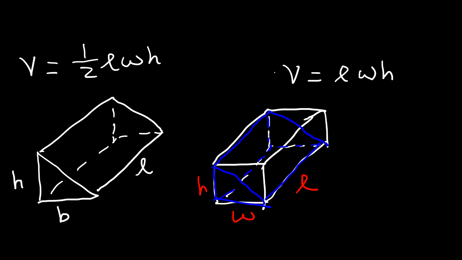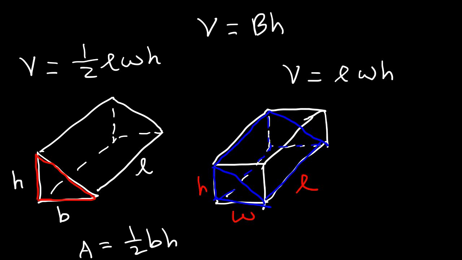Perhaps you've been taught in class that to find the volume of any prism, it's the area of the base times the height. The base of the triangular prism is basically a triangle, and the area of a triangle is 1/2 base times height. So the area of the base, which is the area of the triangle, is 1/2 base times height.